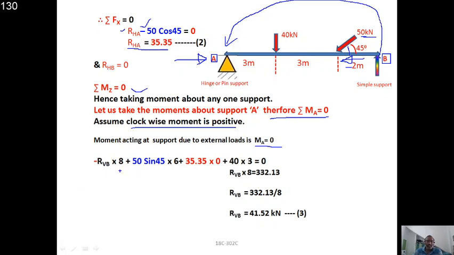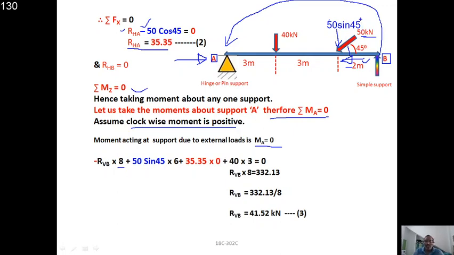In a similar manner, the inclined load, when resolved, has 50 cos 45 as a horizontal parallel force and 50 sin 45 as a vertical force. The horizontal is collinear with the support, hence we do not take 50 cos 45 as a moment because its perpendicular distance is 0.